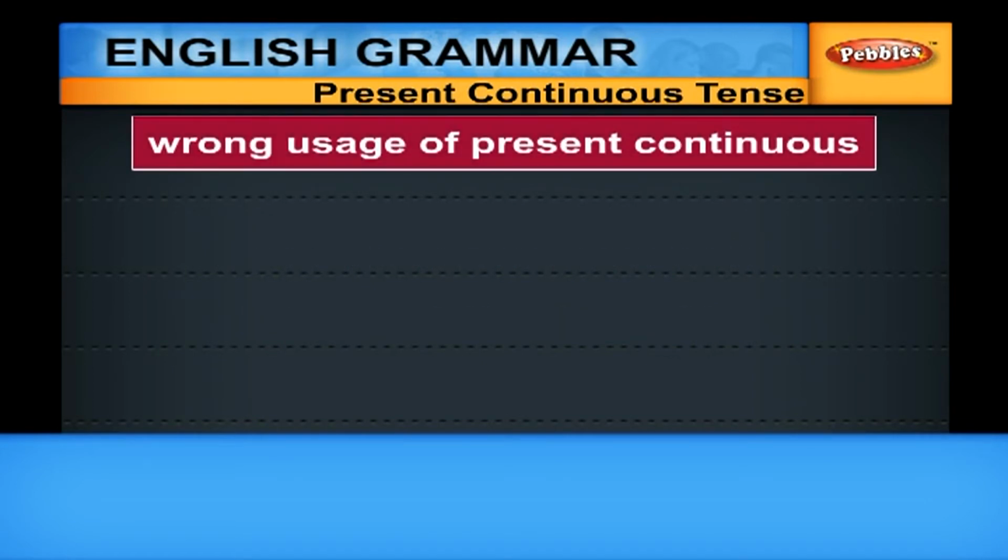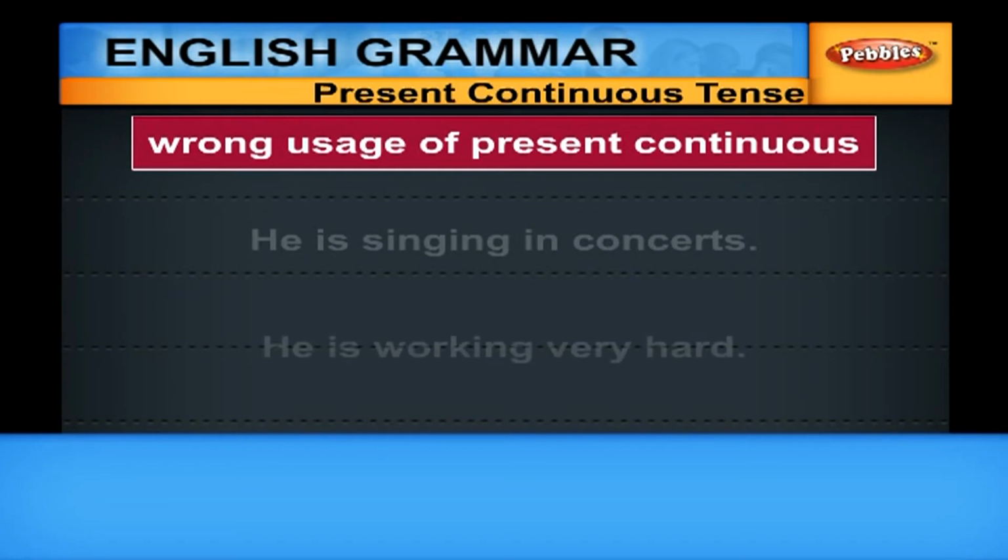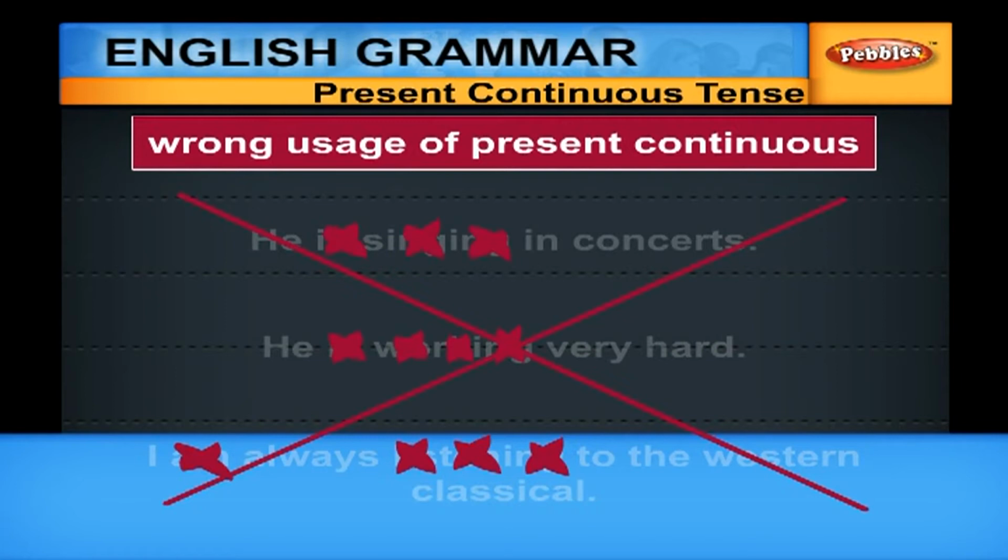There is a tendency among us to use present continuous while referring to habitual actions. We have already seen that while referring to habitual action, we have to use only simple present. We often hear people say, "He is singing in concerts. He is working very hard. I'm always listening to Western classical."